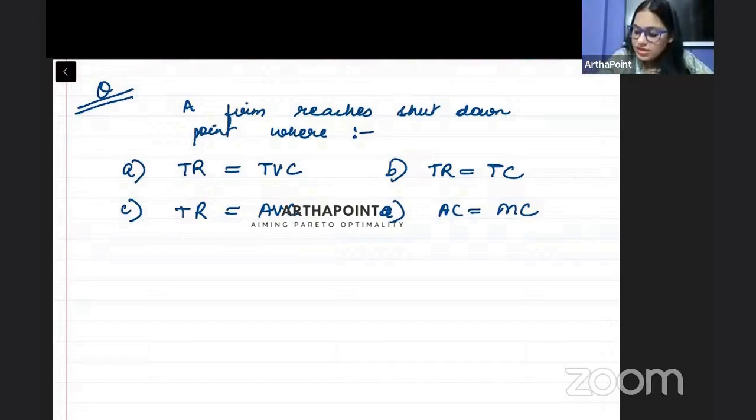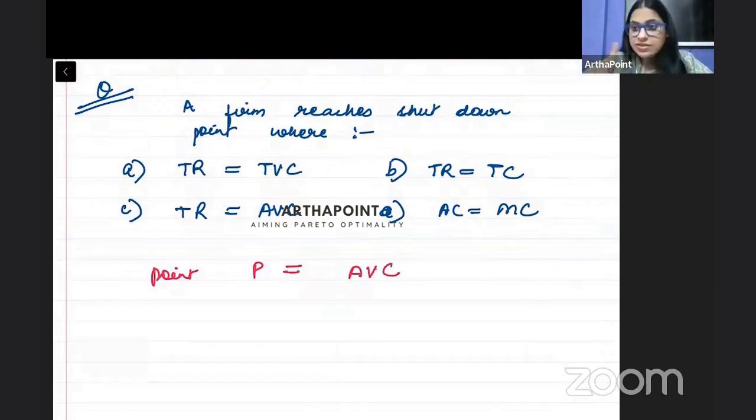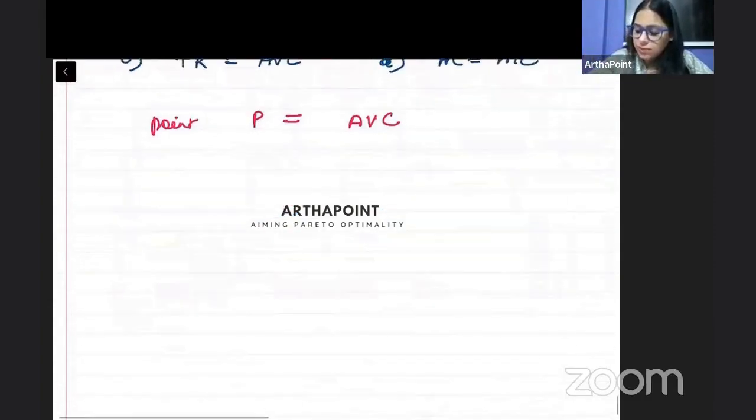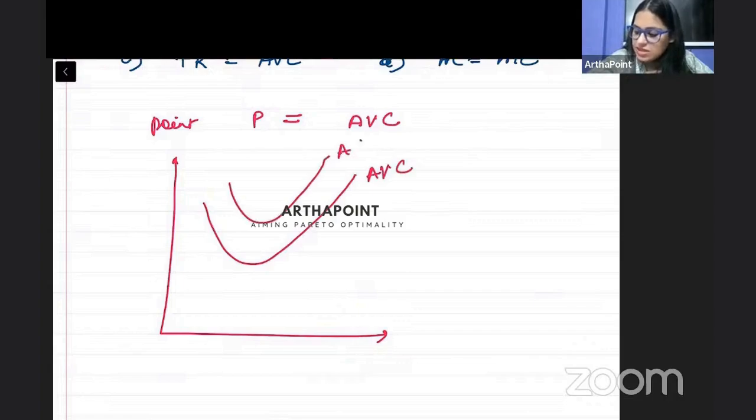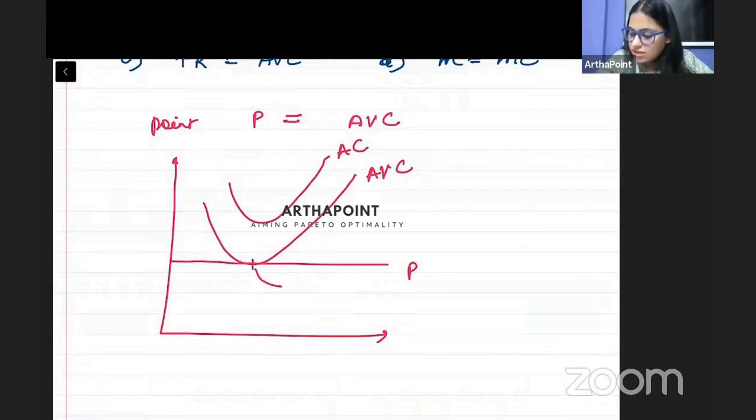So it is the point where price is equal to min of AVC. Price, revenue नहीं, price. जहां पे price minimum AVC के बराबर होता है, that is the shutdown point of the firm. देखो यहां पे ये मेरा AVC है, ये मेरा AC है. अगर मेरा price इसके minimum पे है तो ये मेरा shutdown point है.